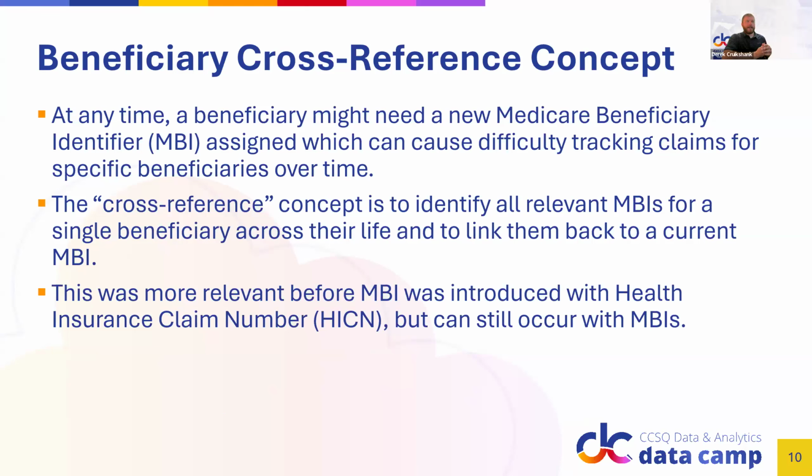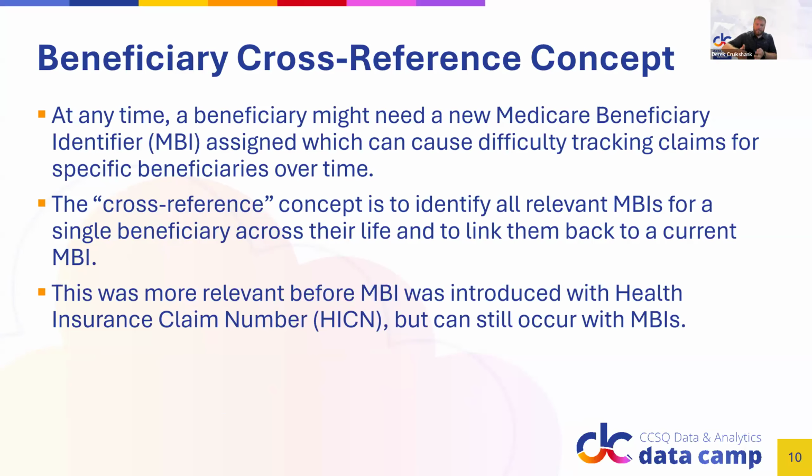But this concept and the term cross-reference really means that you're going in and identifying all of the possible MBI values that a single beneficiary may have had across their lifetime being enrolled in Medicare benefits.